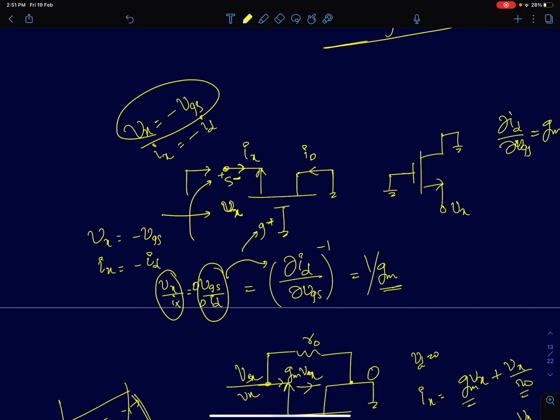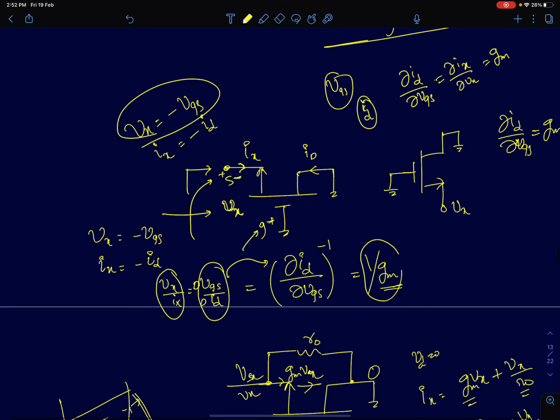Since the input voltage happens to be Vgs and the current of interest happens to be the drain current, dou Id with respect to dou Vgs is the same as dou Ix by dou Vx, and this ratio is actually equal to gm. If you take the inverse of it, that's the input resistance, Vx by Ix, which is 1 by gm.